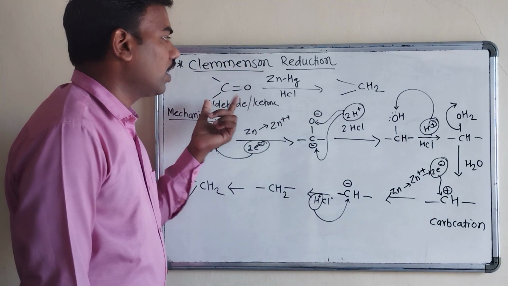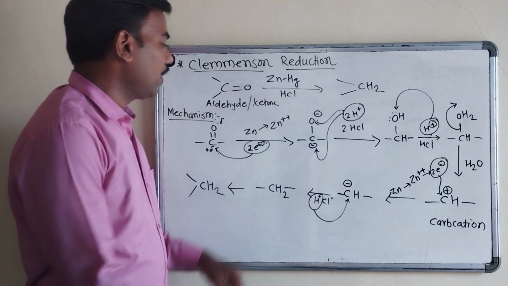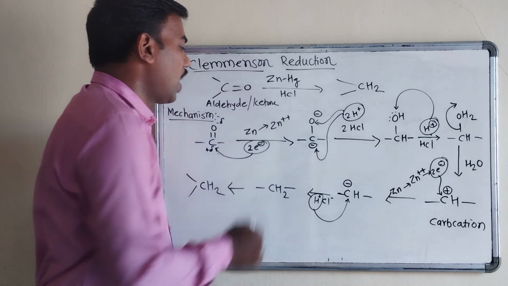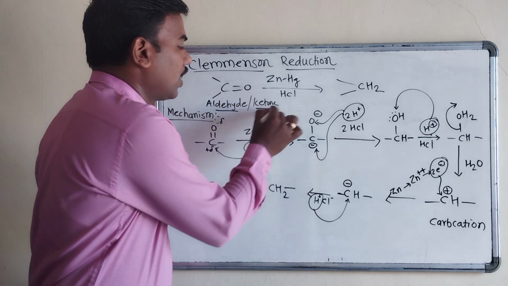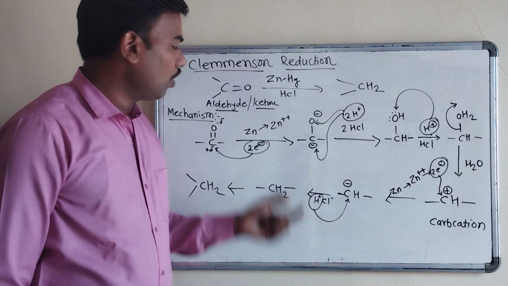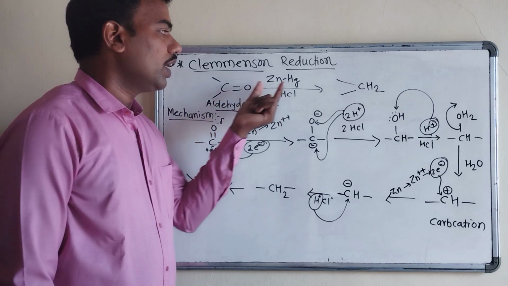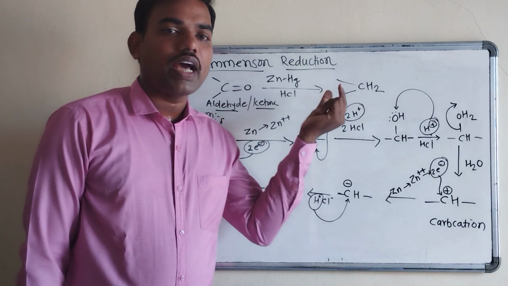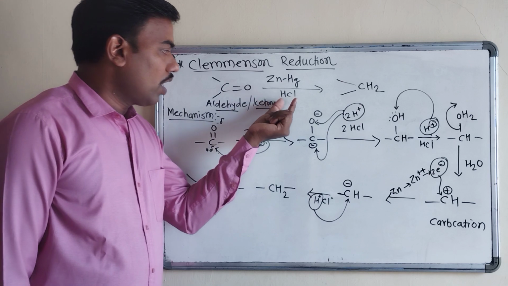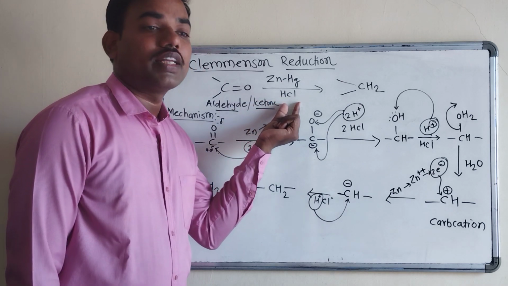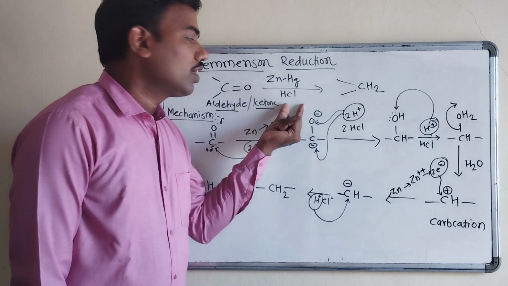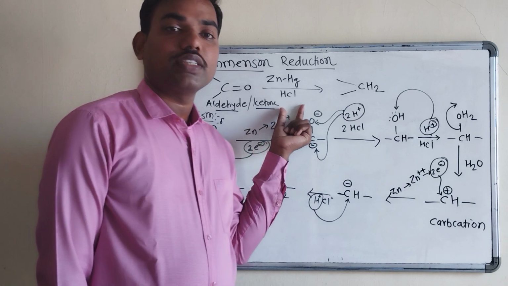Here in the Clemmensen reduction, what will happen? Reduction of aldehyde and ketone in presence of zinc amalgam along with HCl. Here acidic environment is necessary.